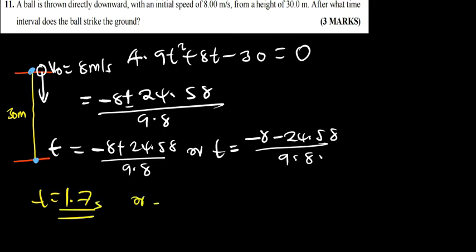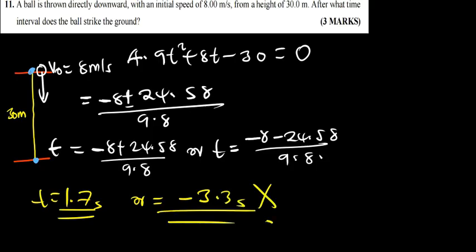Or time is going to be negative 8 minus 24.58 divided by 9.8. And I'm getting my time to be negative 3.3 seconds. Time can never be negative. So the answer is that t is equal to 1.7 seconds.